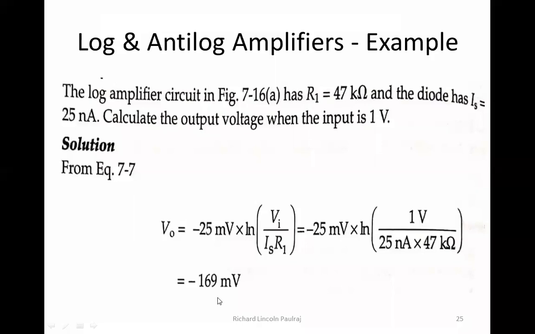So first we will go with the formula. V0 is equal to minus 25 millivolt into ln of Vi by IS R1, and I substitute the values. Vi I have as 1 volt, so I just substitute it. And then IS I have the value as 25, so 25 is brought down and R1 is 47.